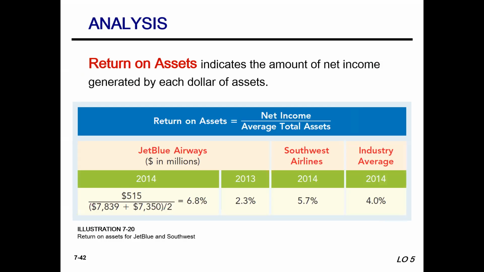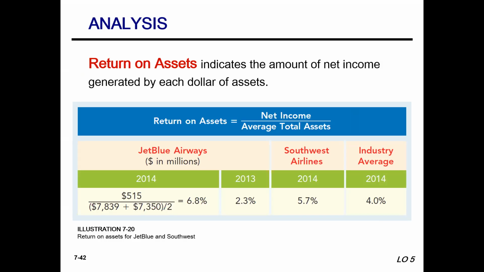So ROA, return on assets, is really just saying how useful are these assets? How well can they generate revenue with their assets? So what kind of return are we getting on these assets? And if we're really not generating return, then maybe we need to get rid of them or reinvest in something new, more efficient. So we take the net income and just divide it by the average total assets.